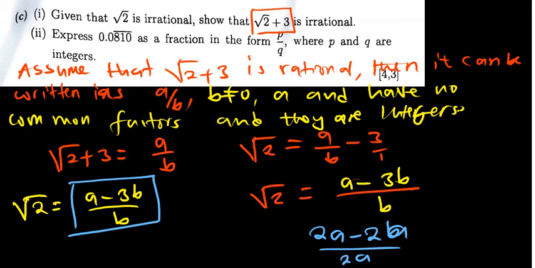But in this case I don't have any common factor, because I have a minus 3b over b. I have no common factor here.